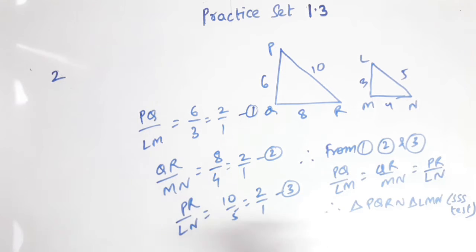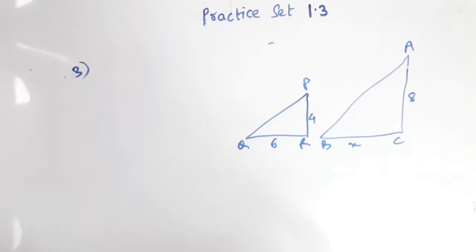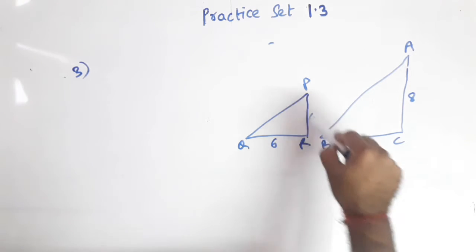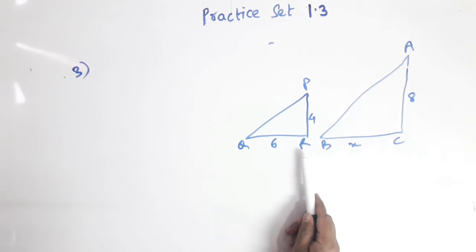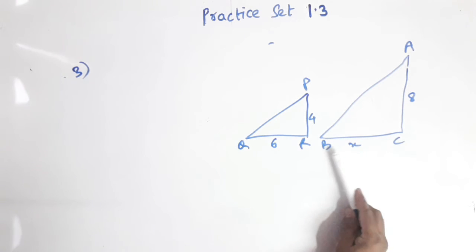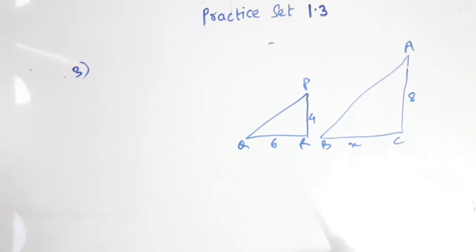Let us move on to the third one now. The third one says that there are two poles, as you can see, PR and AC. PR and AC are the two poles, and QR and BC are their shadows.